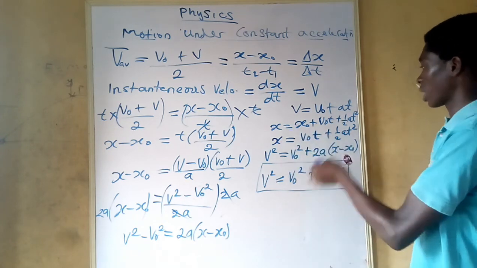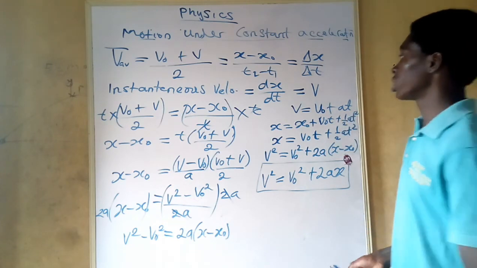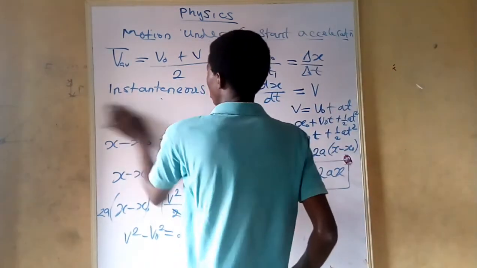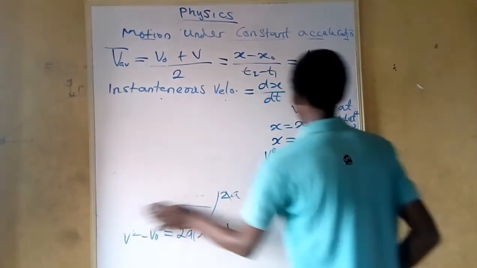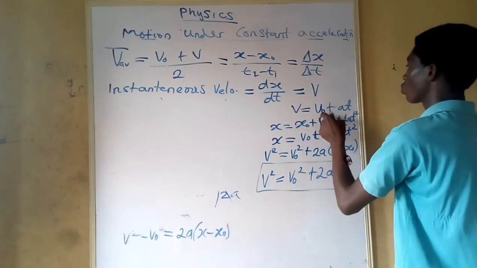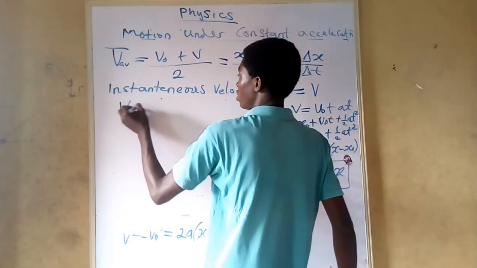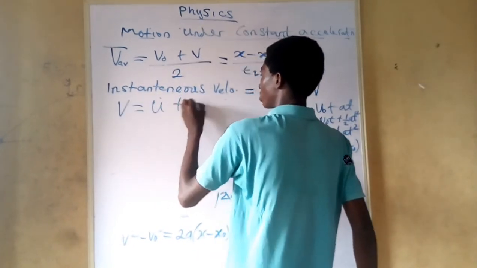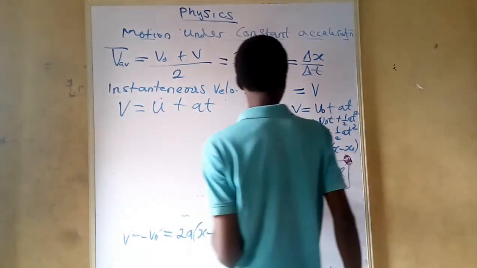So let us look at how we have been seeing these even in our secondary school days. The first equation, V equals V naught plus at, we have been seeing as V equals u plus at. And the second equation, x equals x naught plus V naught t plus half a t squared.